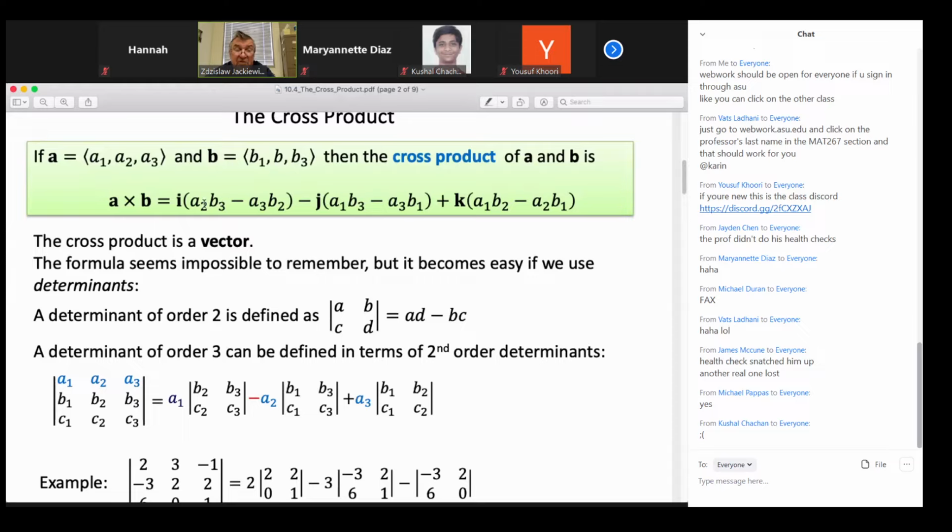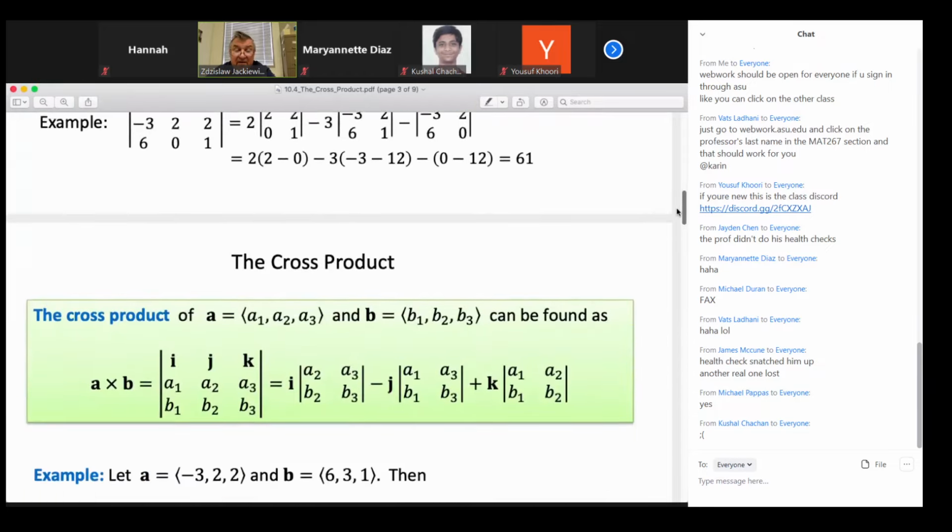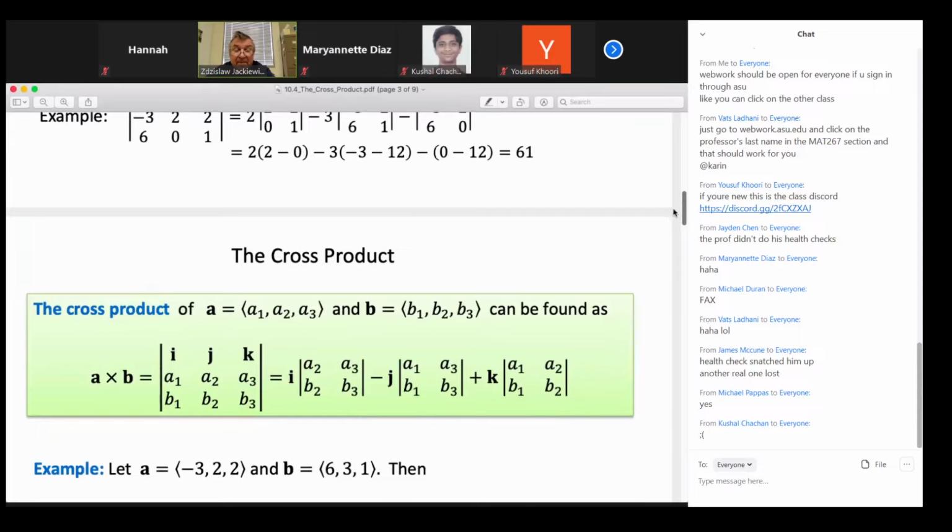This would be the determinant here, this would be the determinant here, and this would be the determinant here. So you could write this as the determinant of a 3 by 3 matrix, I, J, K, and then A1, A2, A3, B1, B2, B3. So that's the formula here, and that is, of course, much easier to memorize.